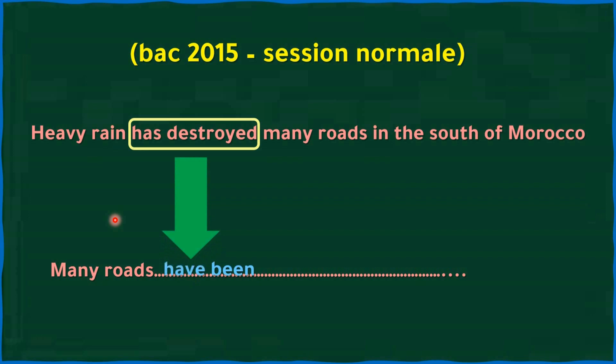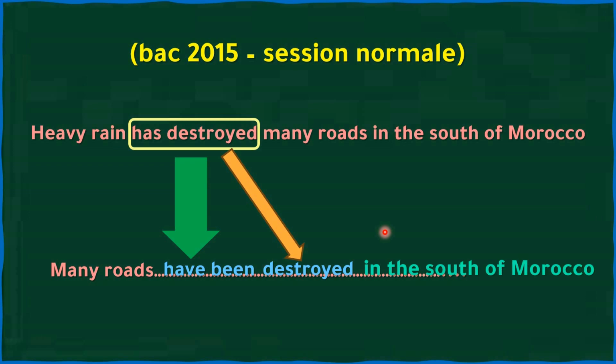And what is the past participle of the verb to destroy? Destroyed. Okay, have been destroyed. This is the passive form of has destroyed, in the south of Morocco.